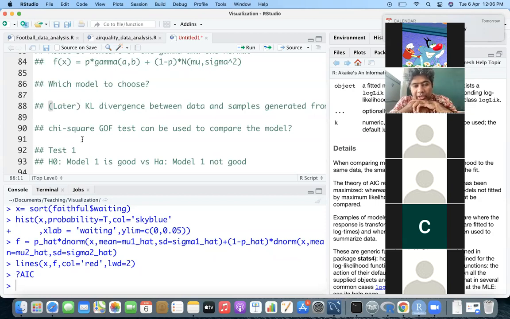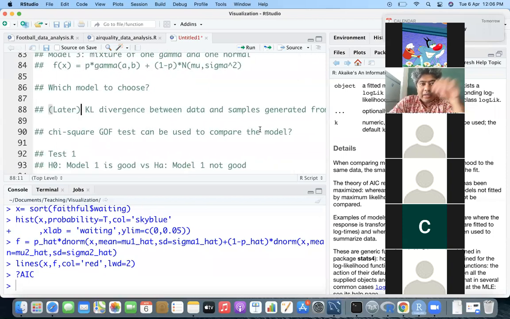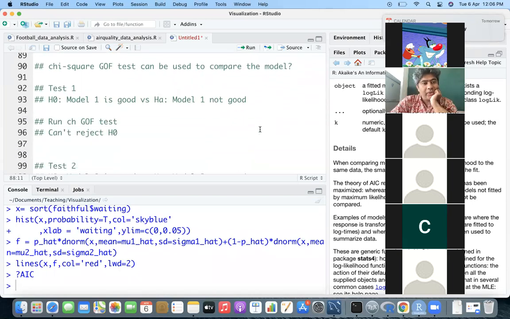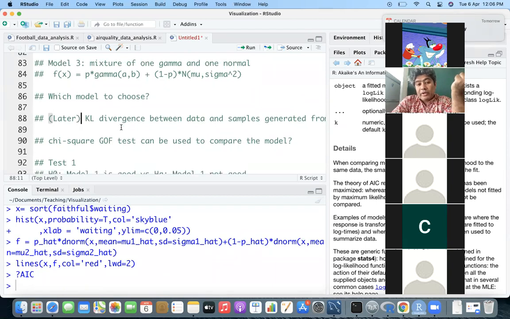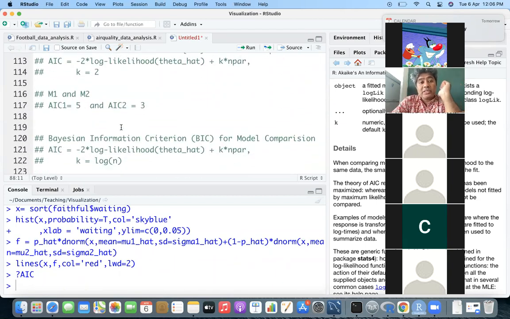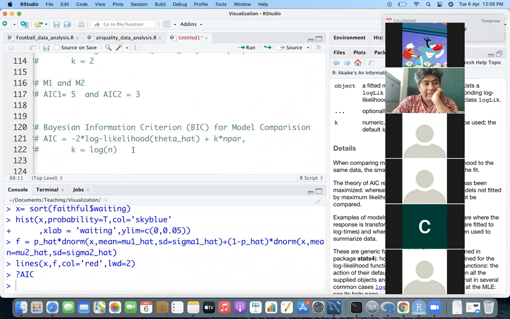You can compute the KL divergence between the actual data and the samples generated from the fitted model. My educated guess is that this will also give you a metric that behaves somewhat like the AIC or BIC criteria. Okay.